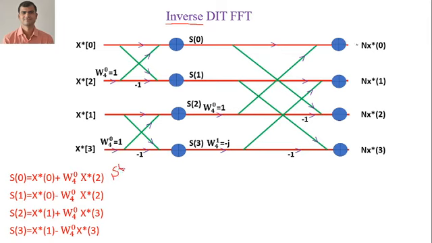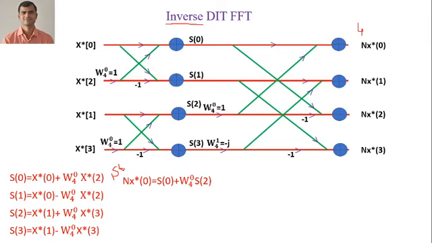Now for the second stage, we will be getting the answer as N x0. Here the value of capital N is equal to 4 because it is a 4-point FFT. For 8-point it becomes 8. So N x conjugate of 0 is the addition of S0 with S2 multiplied by W40.